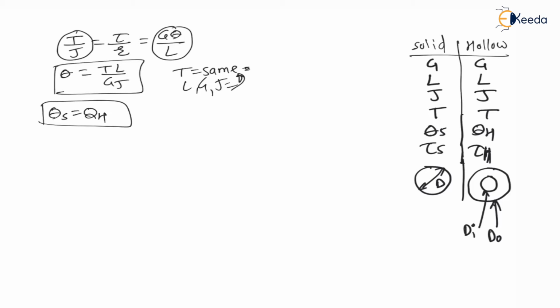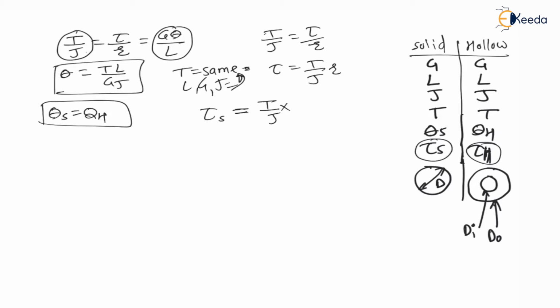Now go for second relation. They are asking what is the maximum shear stress relation. Let us go from the basics. T by J is equal to tau by R. Therefore, shear stress is equal to T by J into R. For maximum shear stress in solid shaft, tau maximum is equal to T by J into R, and R is nothing but diameter divided by 2.